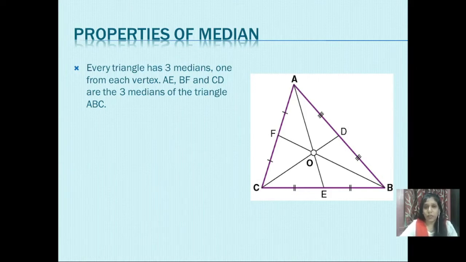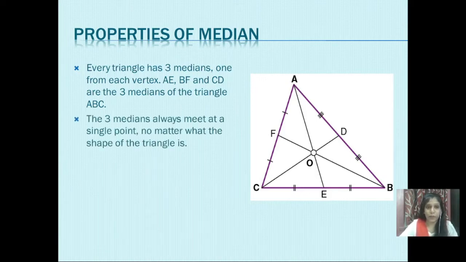So the first property is fulfilled. Every triangle has three medians, one from each vertex. The three medians always meet at a single point, no matter what the shape of a triangle is. So let the shape of a triangle be anything, but they will always meet at one point.